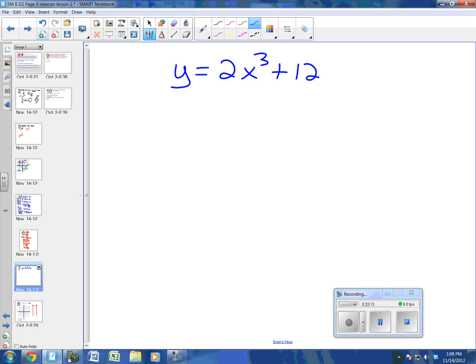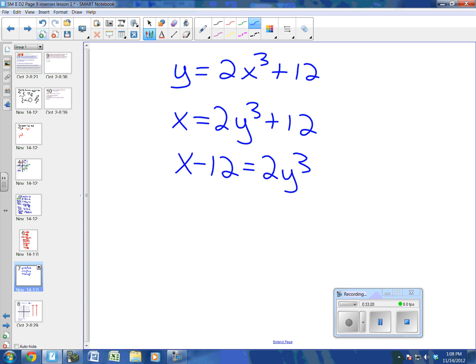Hey, you guys, this one right here. This one I already put in y form instead of f of x form. I'm going to switch x and y. I subtract 6 from both sides. I divide by 2. What's the last thing I do to get y by itself, you guys? This is the part I wanted to show you.